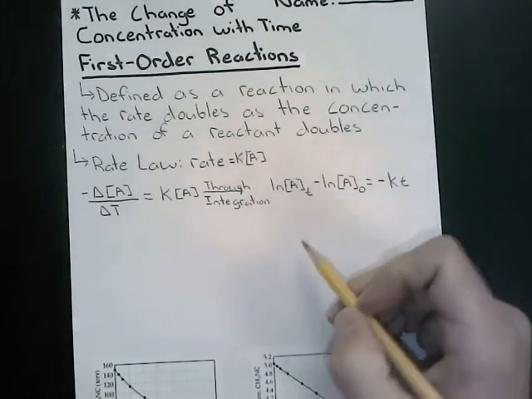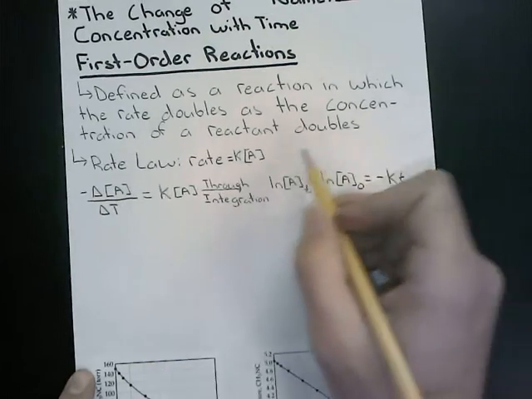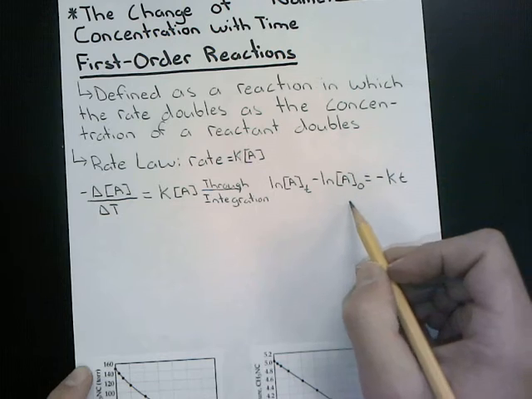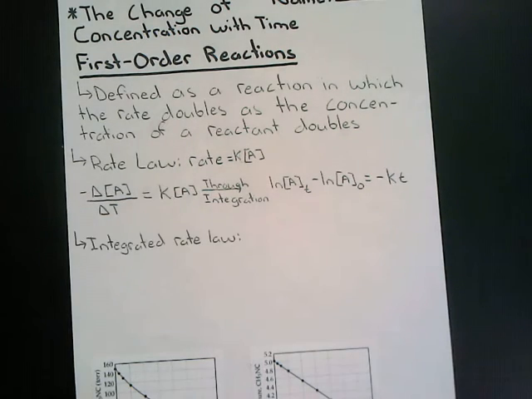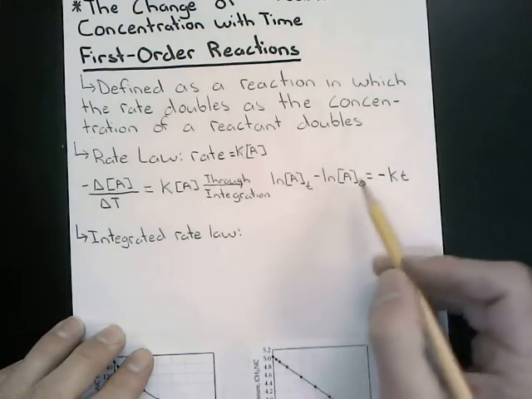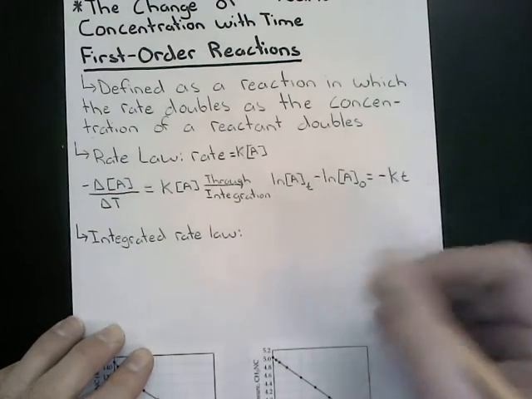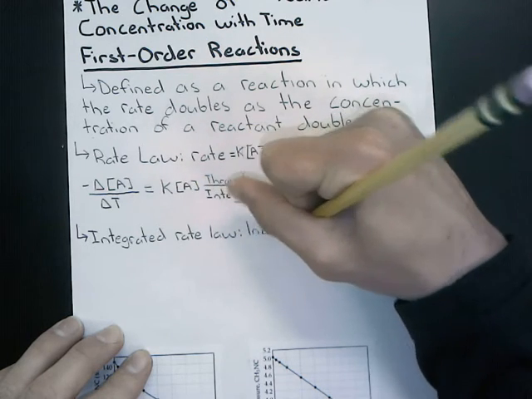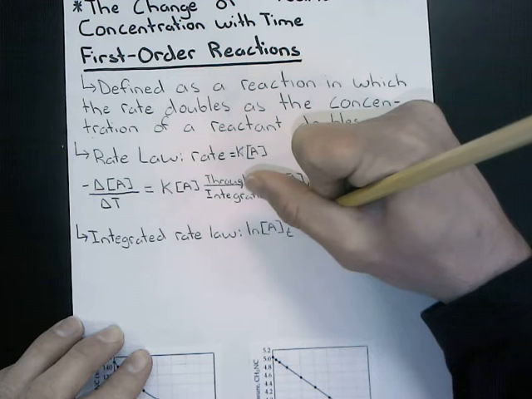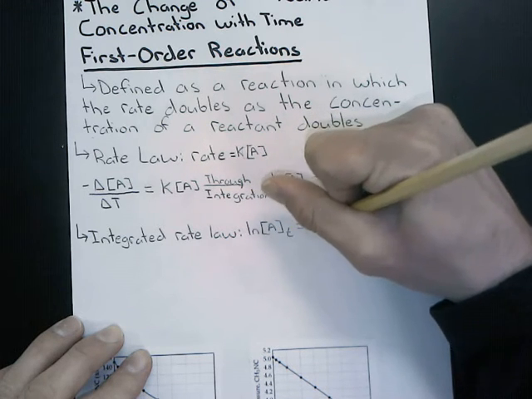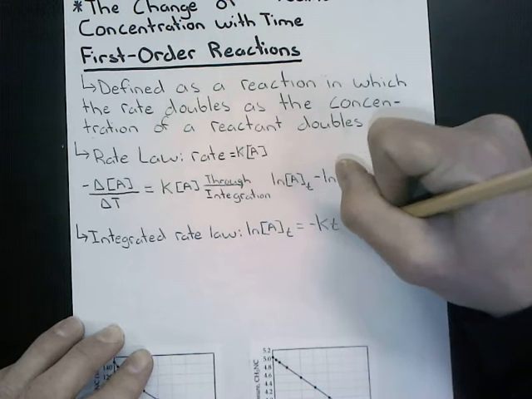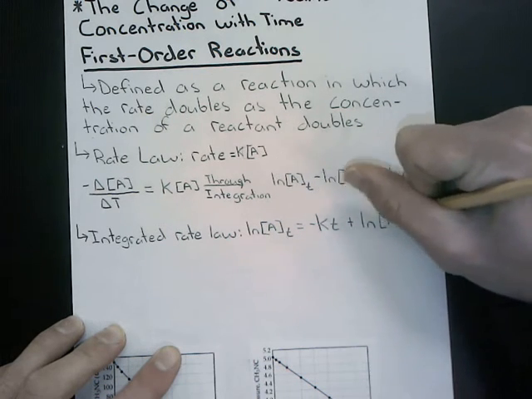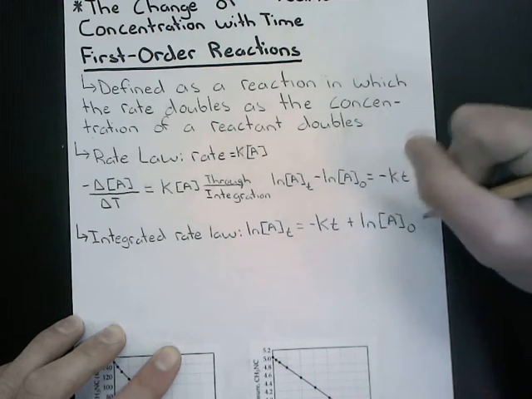Now, if we rearrange this particular formula right here, we can get the integrated rate law. All we do here is rearrange this equation, and when we rearrange it, we get the natural log of the concentration at some specific time equal to the negative rate law constant k times t for time plus the natural log of the concentration of the reactant that is initial.